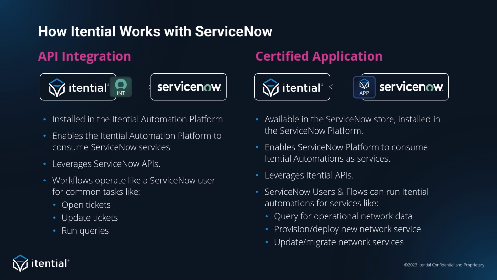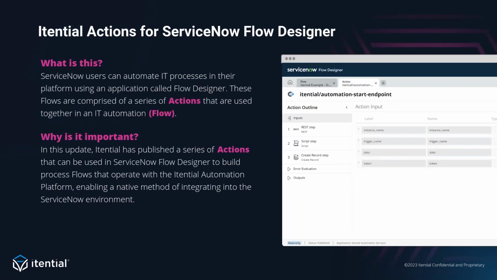It's really allowing with this new update, enabling at the flow level, and we'll talk about what flows and actions are, but at the flow level, the ability to leverage any Itential automation and allowing a ServiceNow developer or designer to operate in the ServiceNow environment using native assets that they're used to, and allowing the Itential network automation team to leverage that platform to build their automations and giving them a common and easy way to operate and collaborate together so that both sides can utilize the APIs that are available in order to make the IT and process much more efficient than it's ever been before. So that's why we're super excited about this.